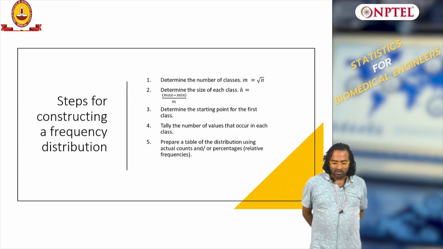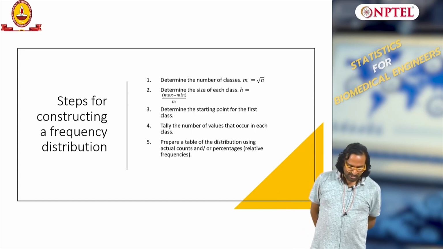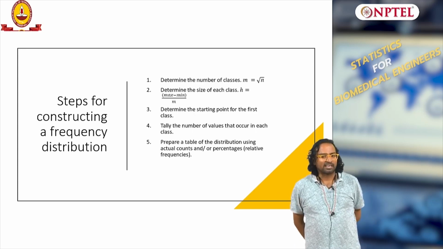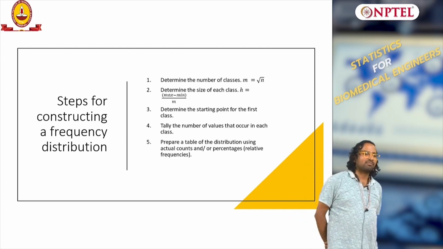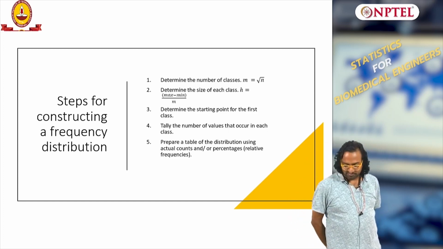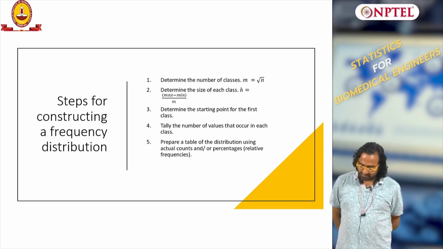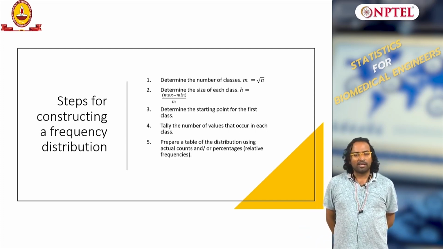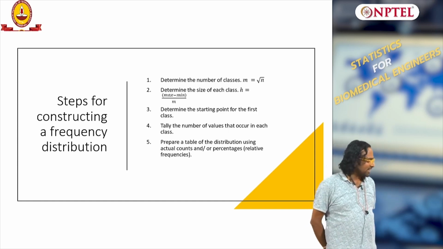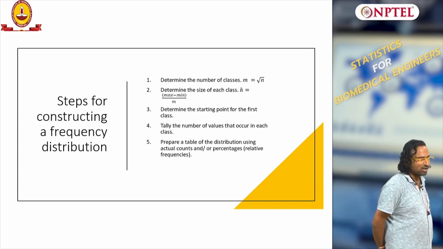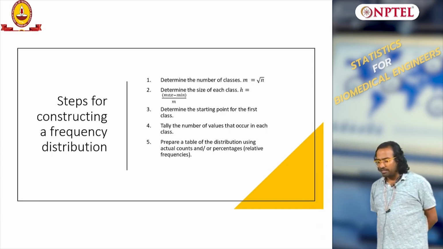So, these are the steps for constructing a frequency distribution. How do you do a histogram given data? Typically you have to choose the number of classes. Either you know the number of classes a priori, which is not always the case, so you make m equals root n.